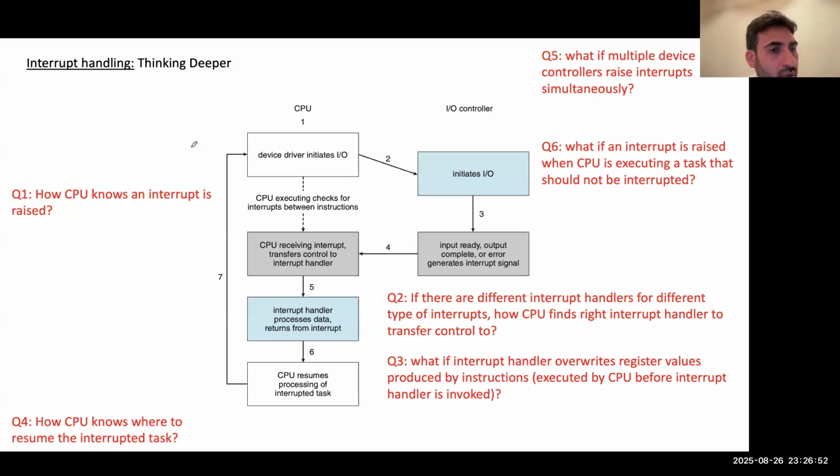So anyone who wants to answer the first, how does the CPU know an interrupt is raised? As I said, if you think it takes time to write in the chat box, you can directly unmute yourself and respond.